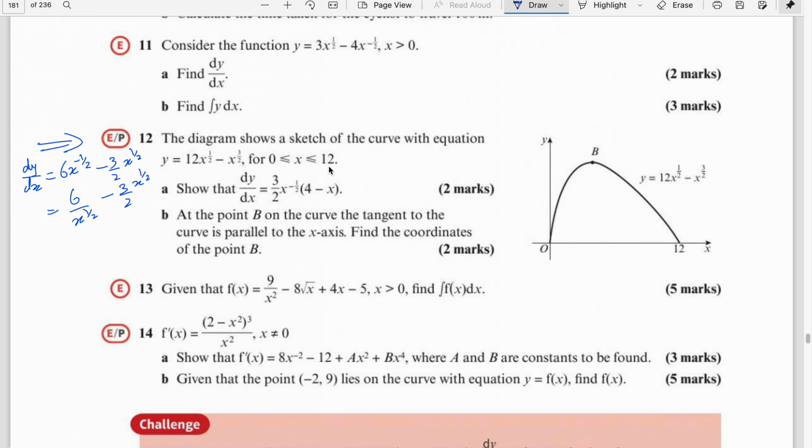In this form, let's take out 3 by 2 as common and negative 1 by 2. So let's use the previous form. I'm taking out 3 by 2 and x to the negative 1 by 2 as common. 3 by 2 comes out, and x raised to power negative 1 by 2.